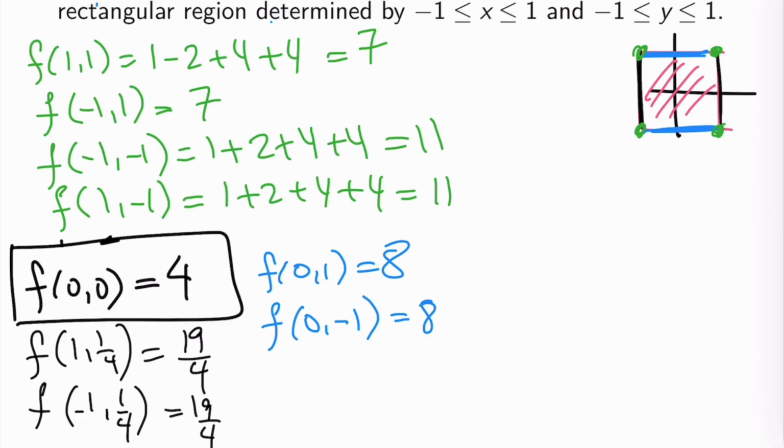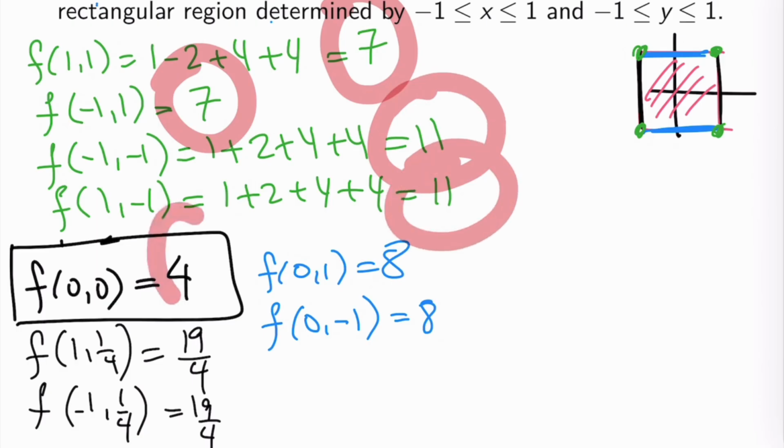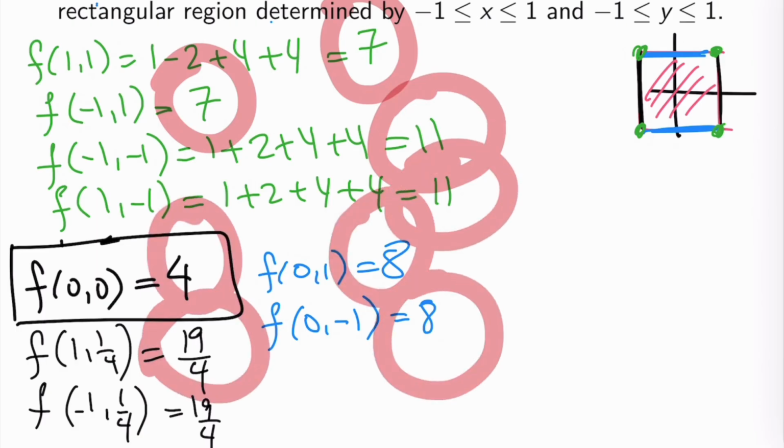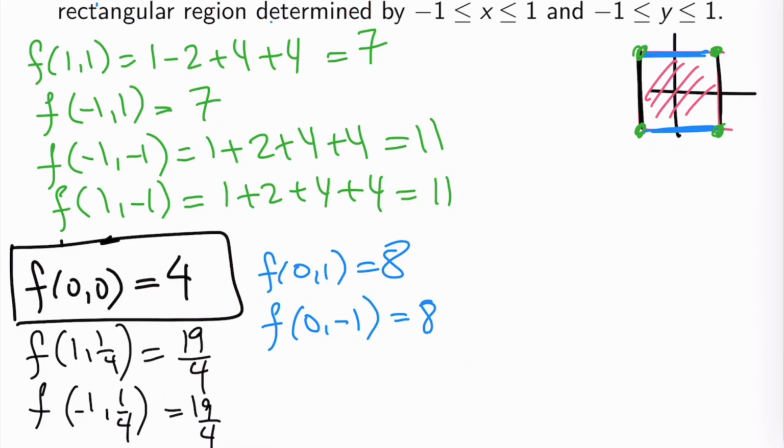So the candidates to be extreme are going to be the possible values 7, 7, 11, 11, 4, 8, 8, 19 over 4, and 19 over 4. So we just have to compare them and decide what is the smallest and the biggest one. Of all these numbers here, the biggest one is 11. So the maximum is at these two points.